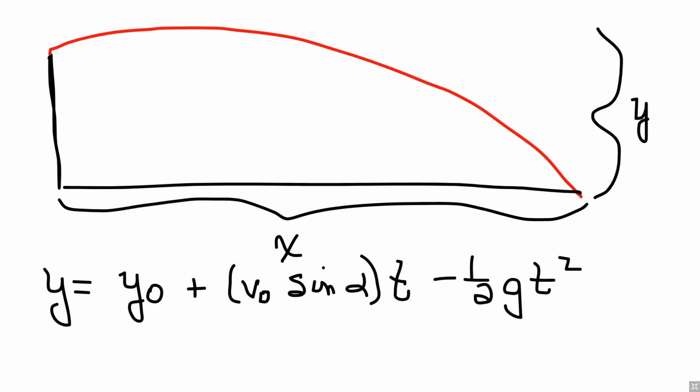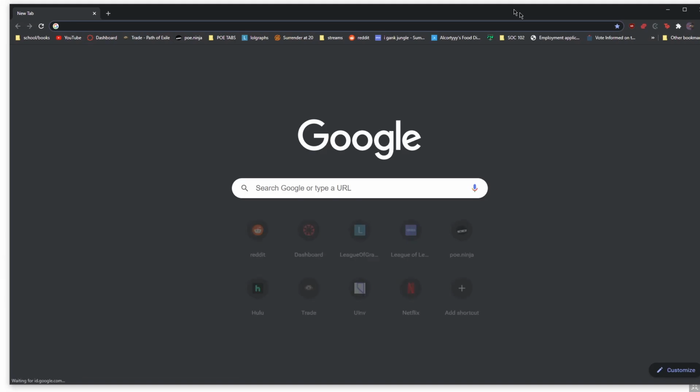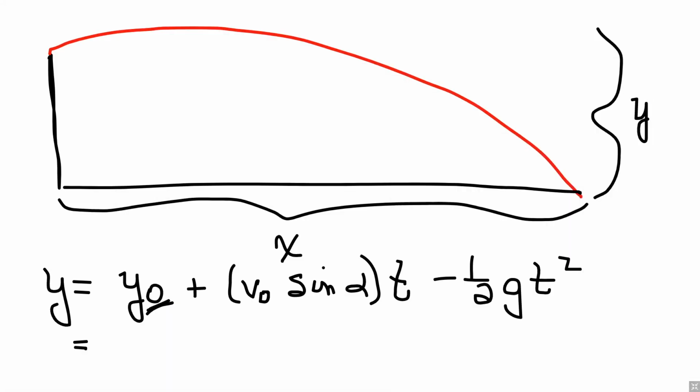Now, we don't necessarily know how high up it goes, but we do know y sub 0. y sub 0 is going to represent the initial height. So what is the initial height? It's going to be 32 feet because remember we're 32 feet up.